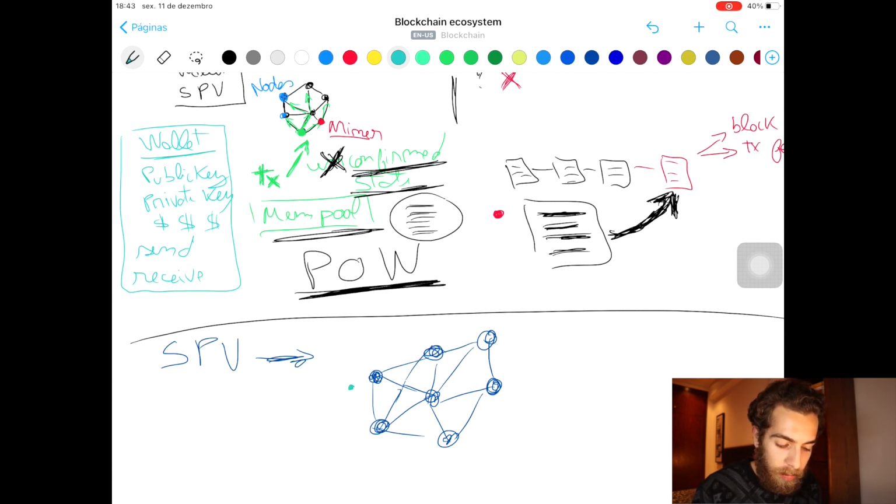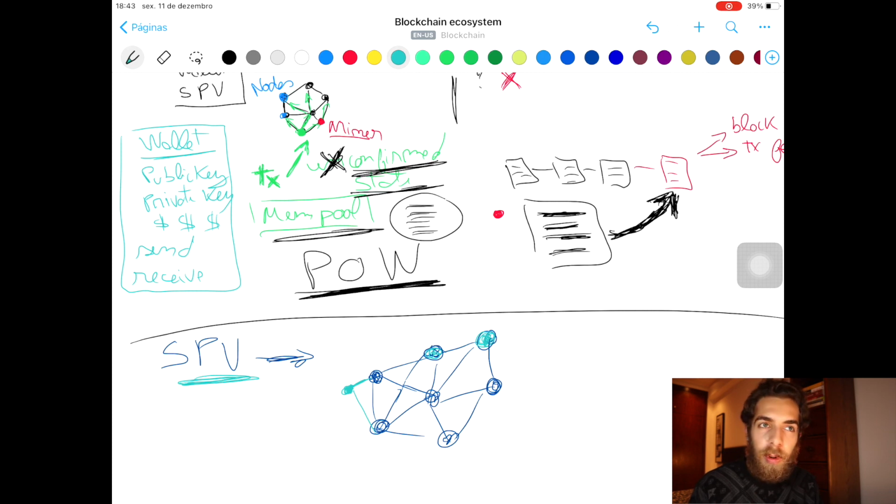So an SPV is basically a small node that is connected to a full node. And just remember that each of these full nodes has a copy of the entire blockchain. But because that occupies a lot of gigabytes, a lot of space, if you're using, for example, a wallet on your mobile phone, you're probably using an SPV, because an SPV is a smaller node that doesn't have a copy of the entire blockchain.